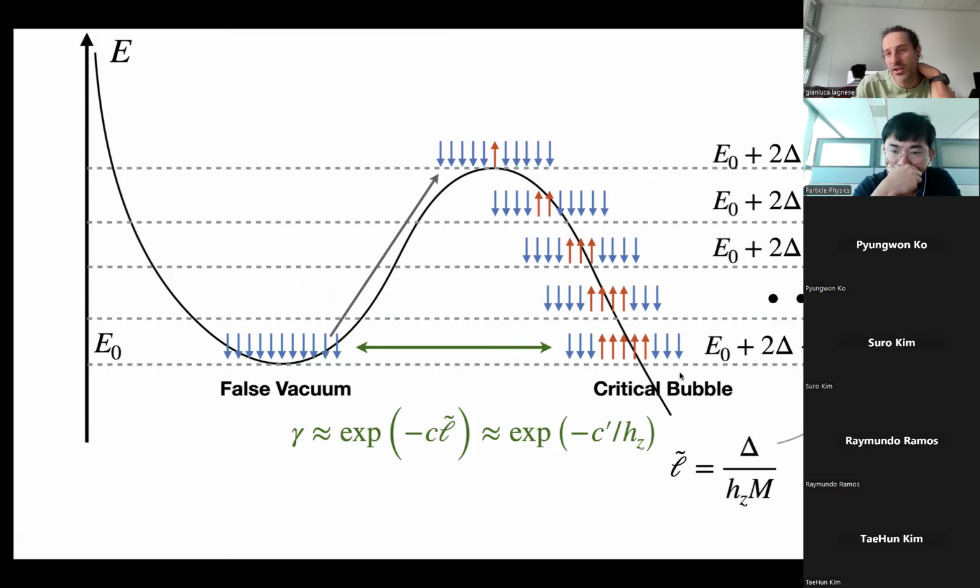When you are in the small hx limit, this matching is not always there. So by changing hz, you can decide the size of the critical bubble that matches the initial energy of the false vacuum.